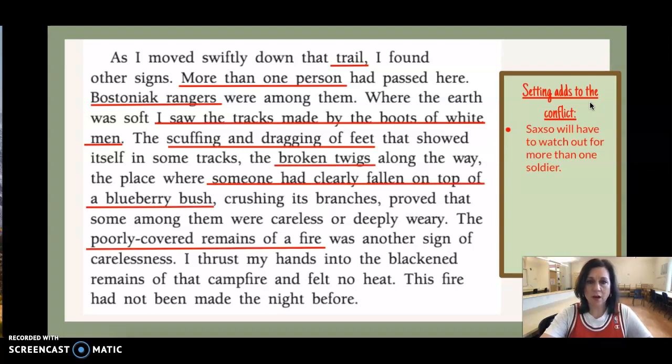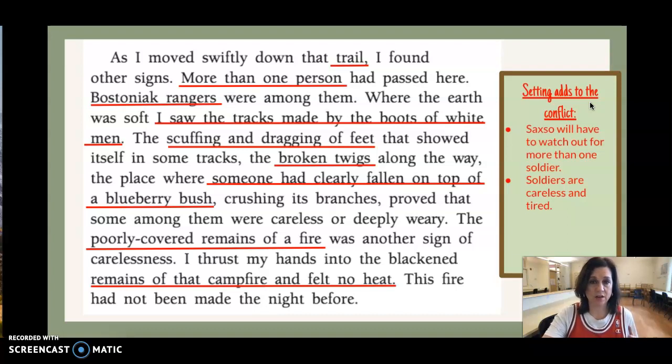And then someone had clearly fallen on top of a blueberry bush and then poorly covered the remains of a fire. We can tell that the soldiers are careless, but they're also tired. Remember when we talked about the word weary yesterday? So they're being careless and they're also tired. There were remains of the campfire.